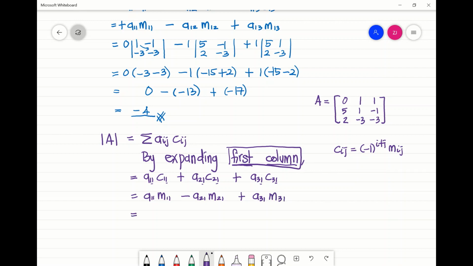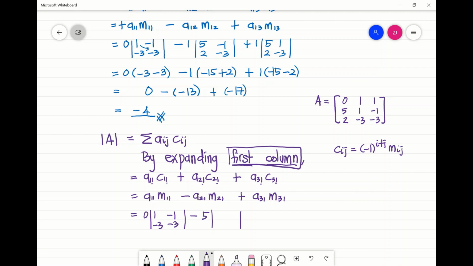Now let's get the elements. A11 is 0. M11 is the determinant of the matrix remaining after we close the first row and first column, so we will have 1, -1, -3, -3. Minus A21, the element located in the second row first column, so we have 5 here.